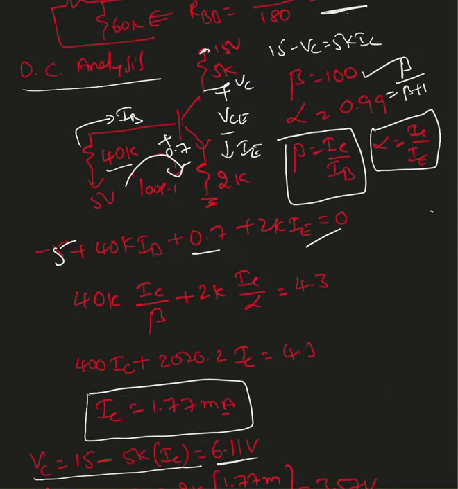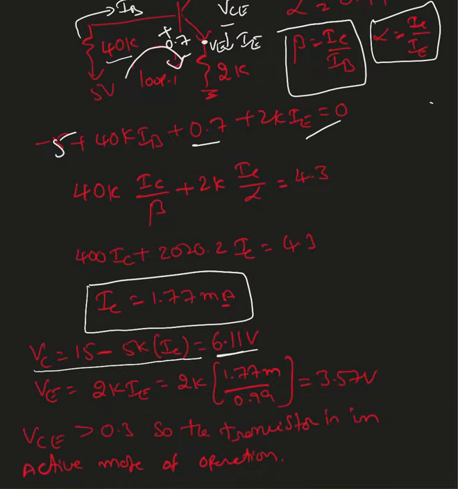Same thing at VE. I know the IE current, I know the 2K, so based on that, I found VE. So VCE is VC minus VE. VCE equals 6.11 minus 3.57, so definitely it is greater than 0.3 volts. So the transistor is in active mode of operation.